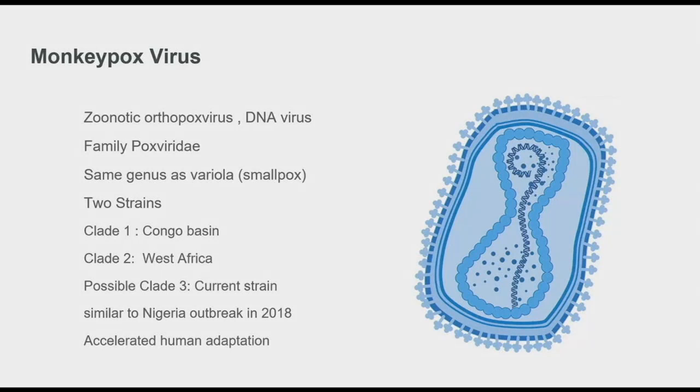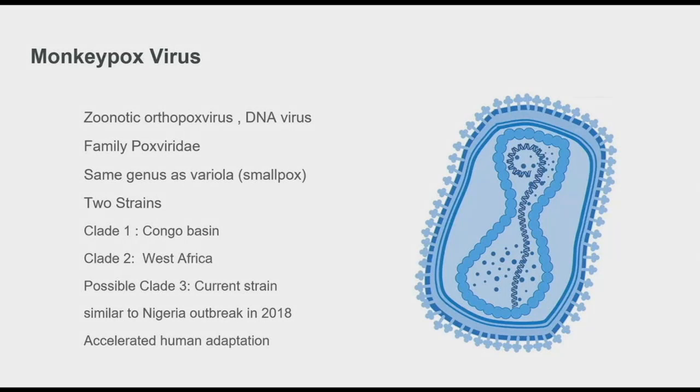It means the virus's natural host is animals, but due to close interaction between humans and animals, some spillover virus started to adapt to the human environment and become a human disease.